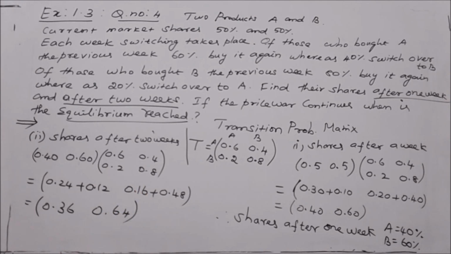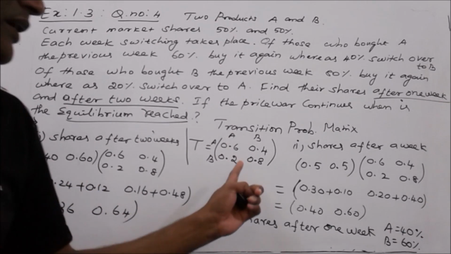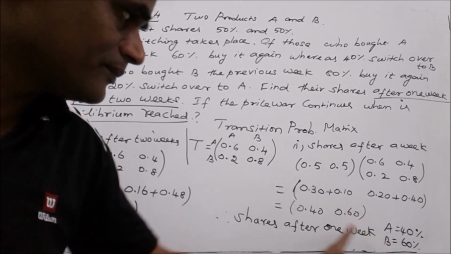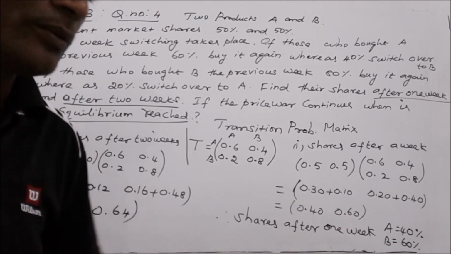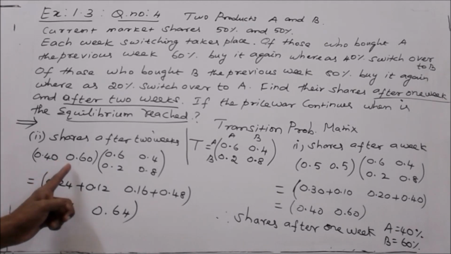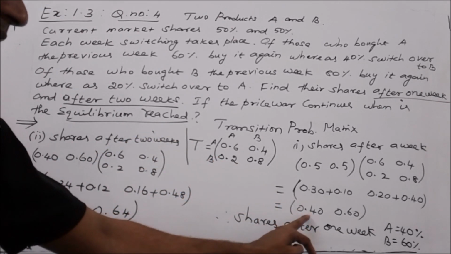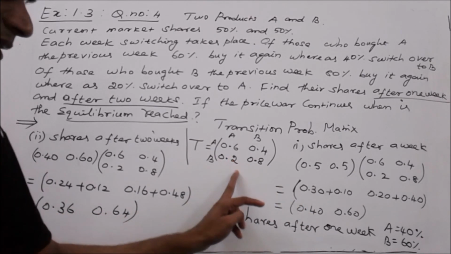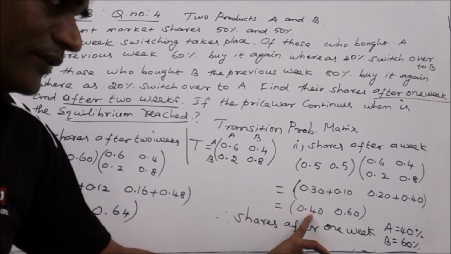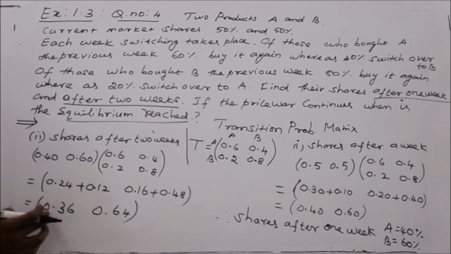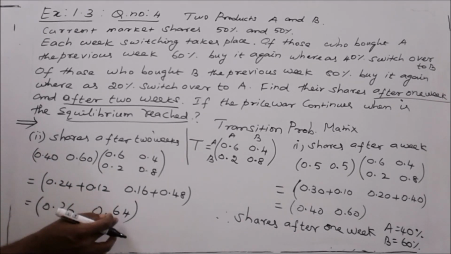So how do we calculate the share after 2 weeks? Take the share after 1 week, 0.40, 0.60 for A and B, and multiply with the same transition probability matrix. It will be equal to 0.36, 0.64.